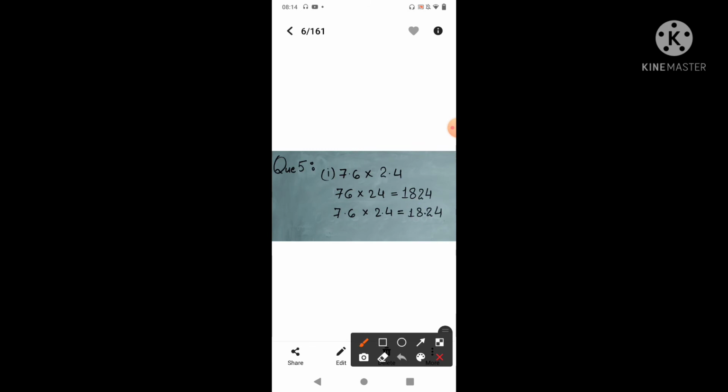Then the decimal numbers were 7.6 into 2.4. So we will count the decimal places. Here it is 1 and in the other it is also 1. So 1 plus 1 is 2. So in the product we will mark the decimal before 2 places. From the extreme right side we count 1 2. So the decimal will come here. So the answer will be 18.24.